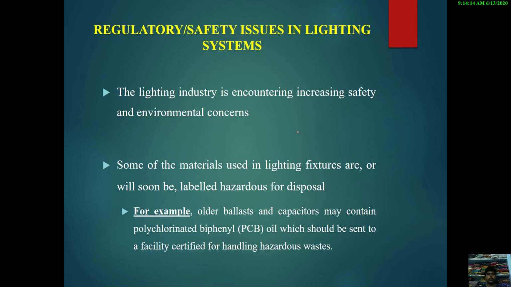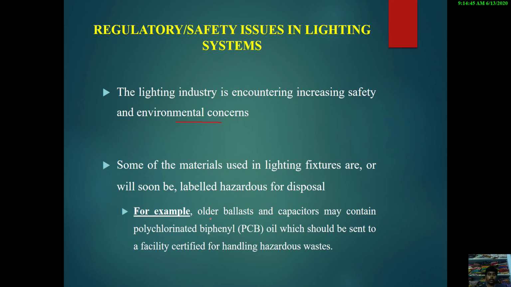The next one is safety issues. That is, some of the safety issues have to be considered while considering a lighting system. The lighting industry is encountering increasing safety and environmental concerns. Some of the materials used in lighting systems are hazardous, so we have to make proper disposal of them.